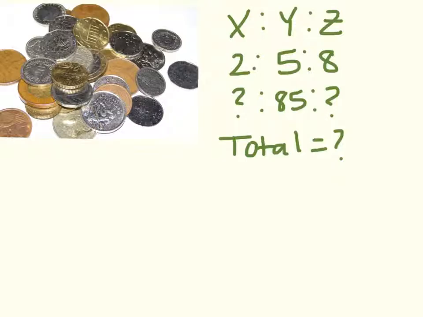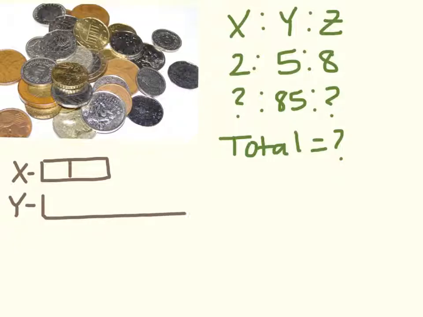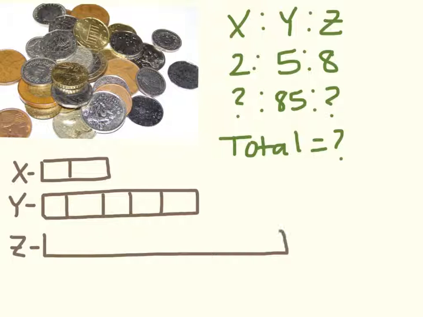So our bar model would look like this. Xavier will have 2 units. Johann will have 5. And Zachary will have 8. Once again, please excuse the fact that my units are not totally precise.